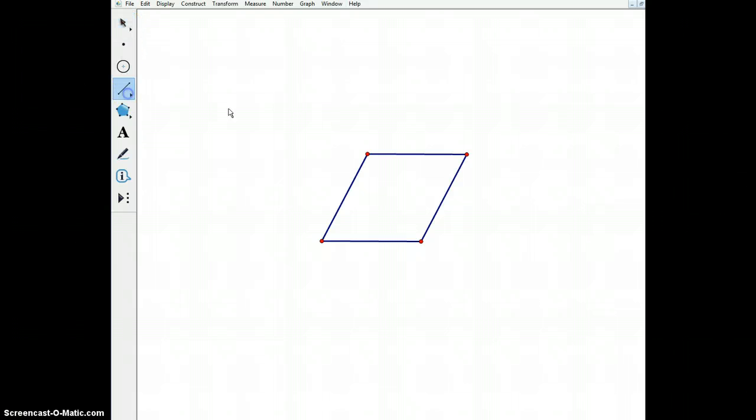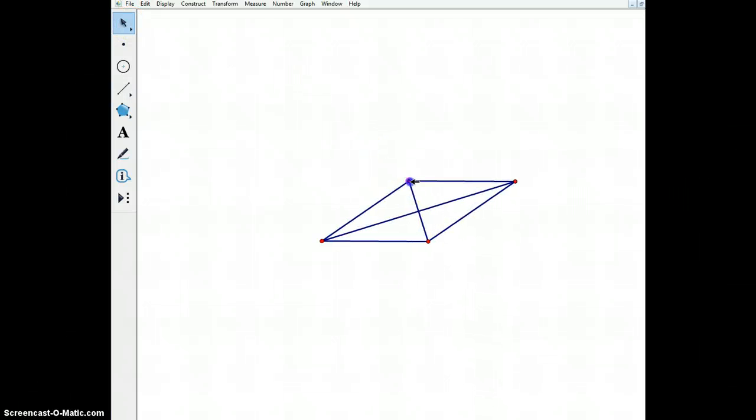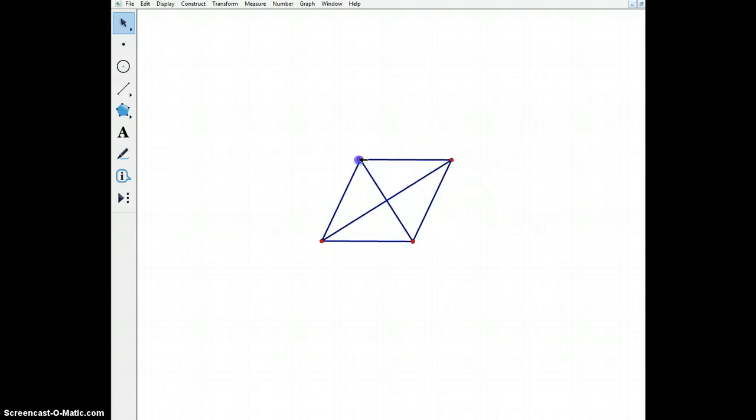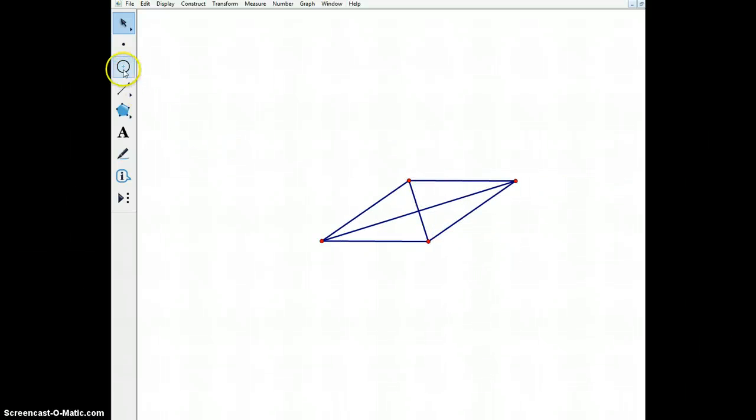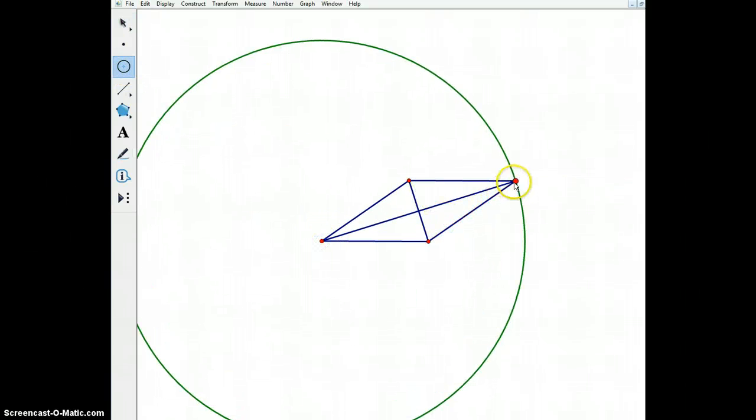Now let's talk about their perpendiculars. We want to know, are these not only angle bisectors, but are they perpendicular bisectors? Well, just by looking at this, it kind of looks like they're perpendicular bisectors, but let's draw our circles just to make sure.